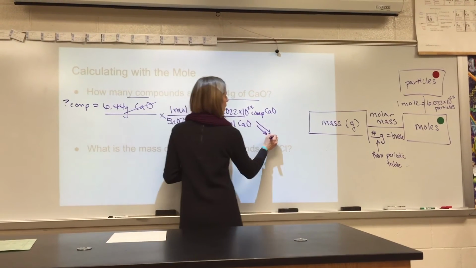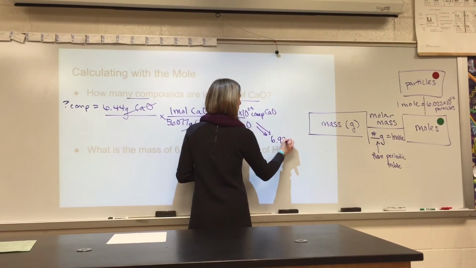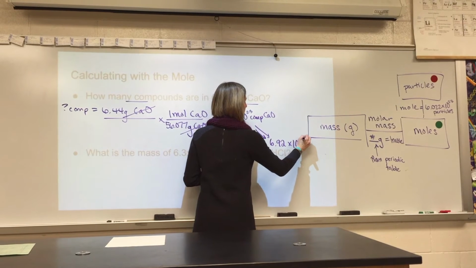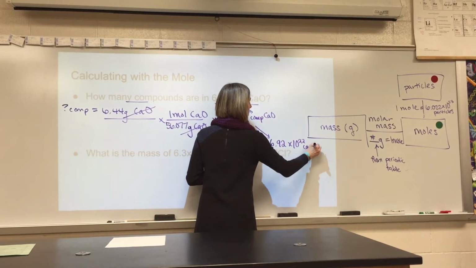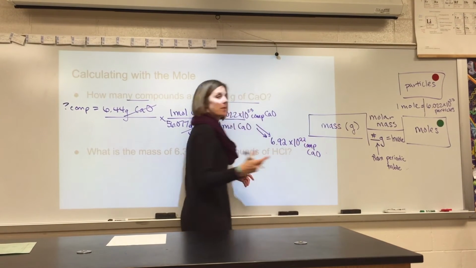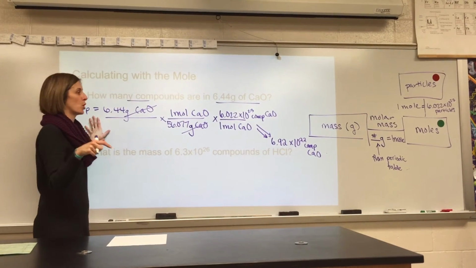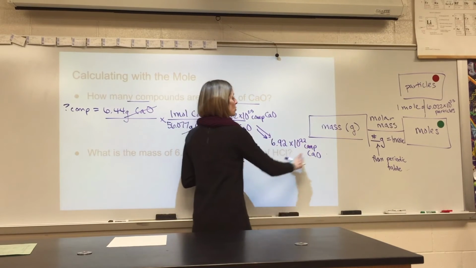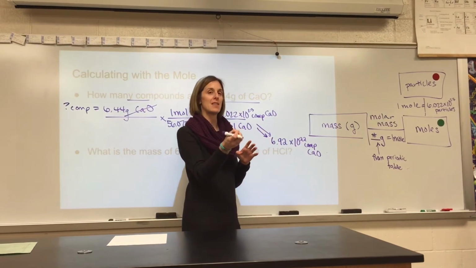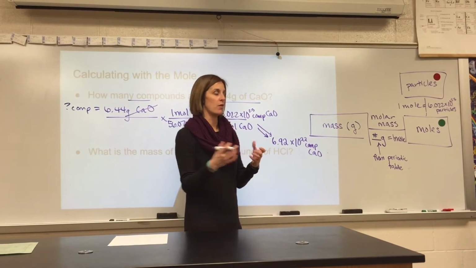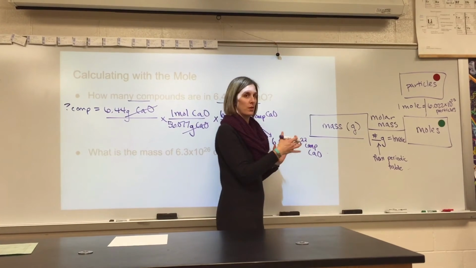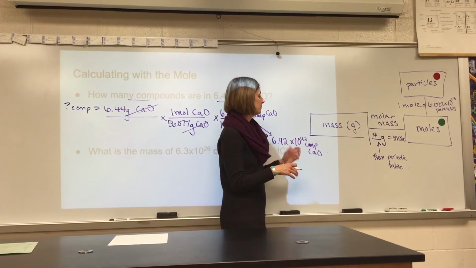So we get a value of 6.92 times 10 to the 22nd compounds of CaO. So what this tells me, if I was to dump 6.44 grams of CaO into a chemical reaction, this is the actual number of compounds that I've put into that reaction that are available to do stuff. So that's a huge number, as we learned with our little activity from last week.